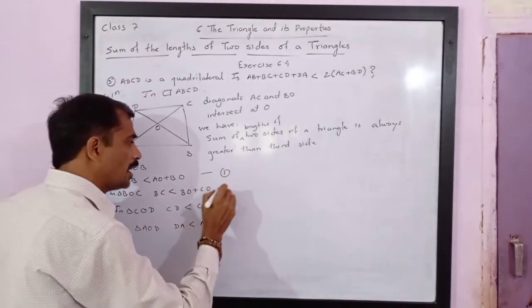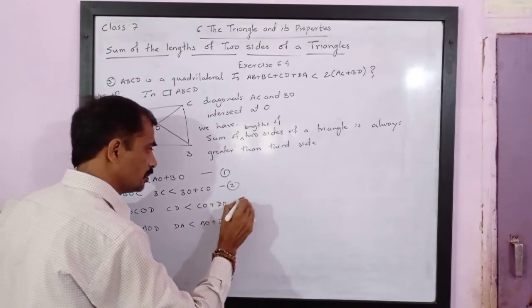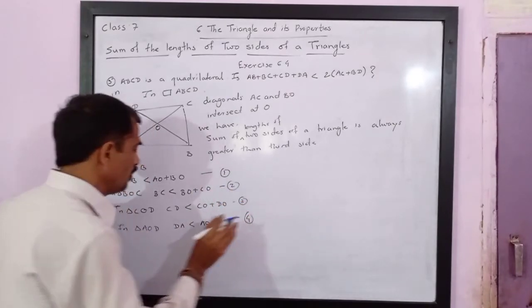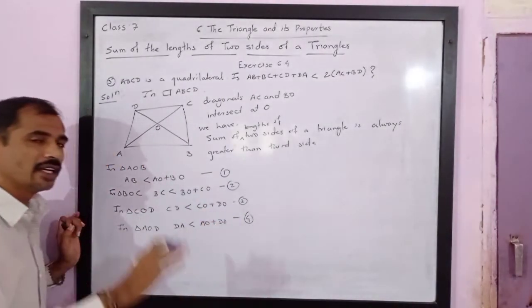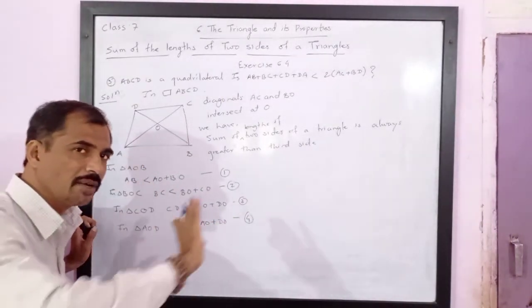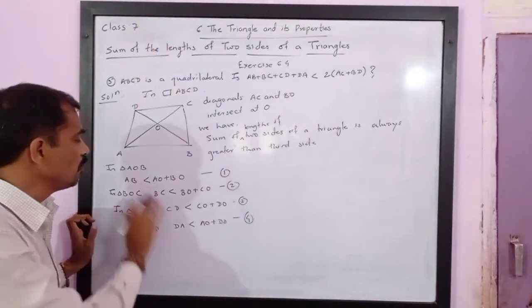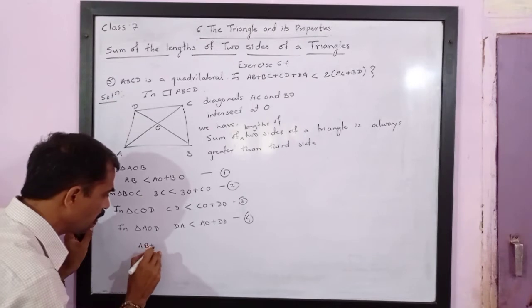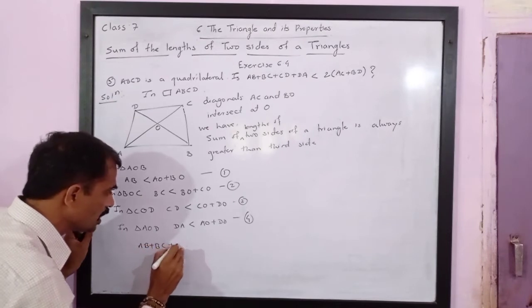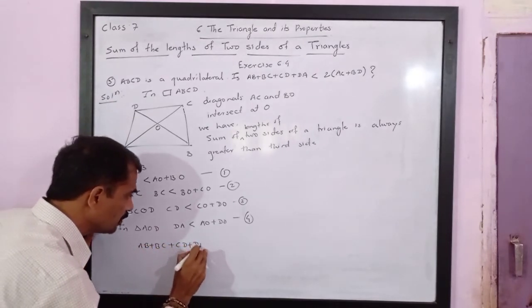Now if you add these inequalities, if smaller is added to smaller and greater is added to greater, smaller remains smaller and greater becomes greater. It means we will get AB plus BC plus CD plus DA.